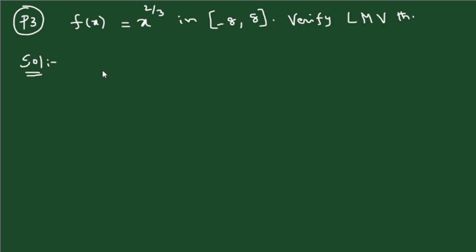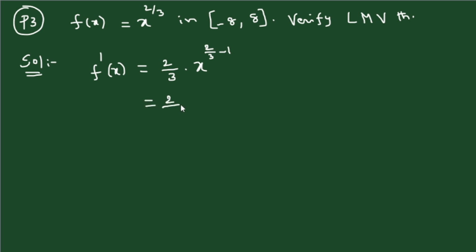Now let us solve one more problem, the third one. Now let us take this function f(x) equal to x power 2 by 3. First of all, as we discussed, we should find the derivative of the given function. It is f dash x equals 2 by 3 into x power (2 by 3 minus 1). The derivative of x power n is n into x power (n minus 1).